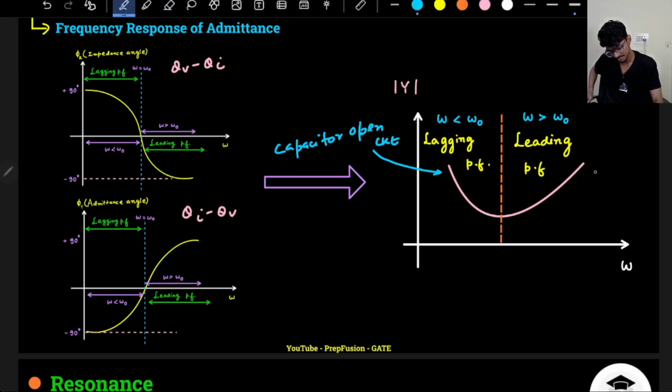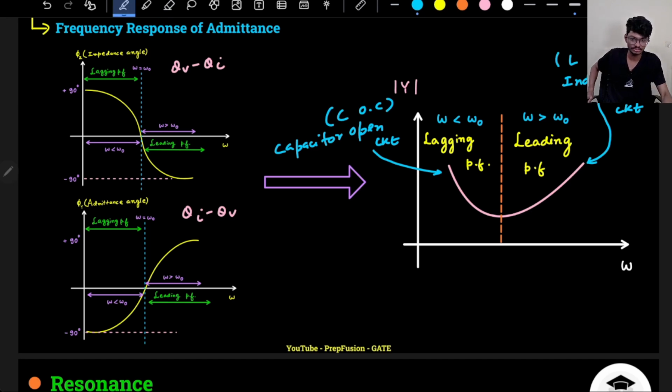Okay, and in this region, the inductor is open circuit. So these things you have to keep in mind: C is open circuit here and L is open circuit here.